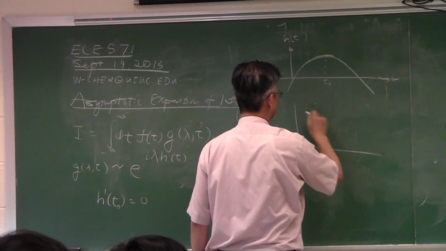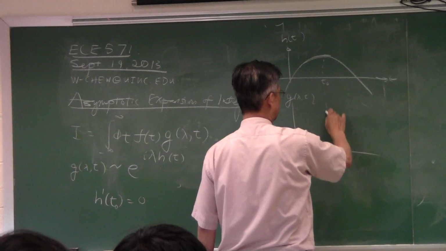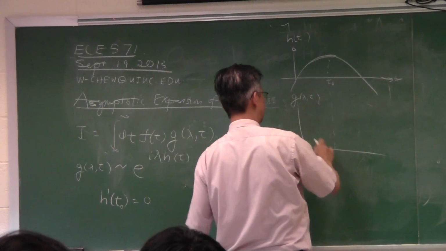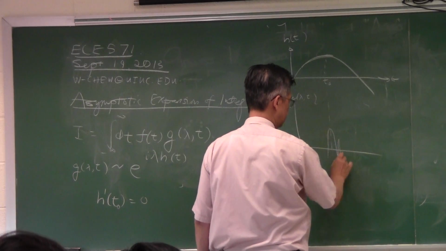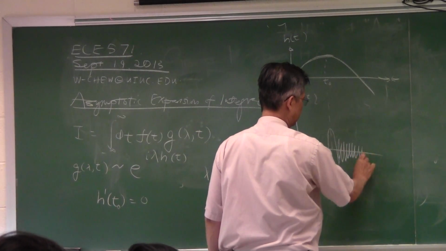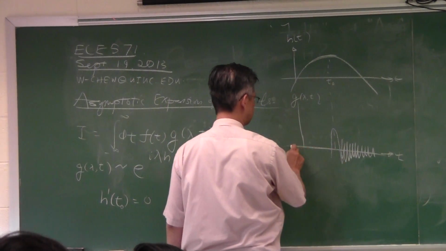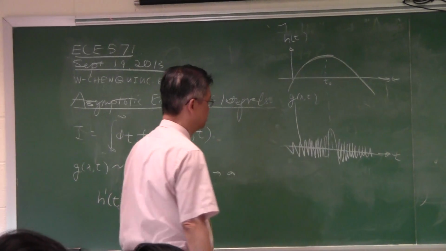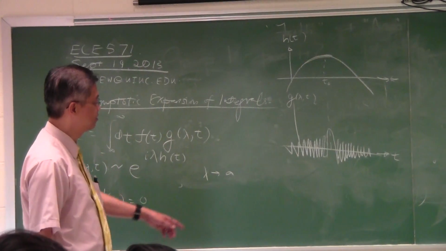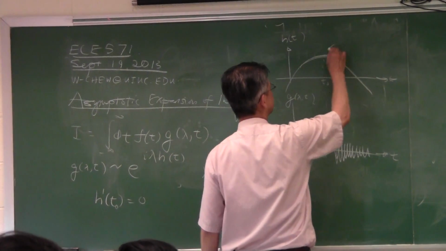And then if you look at g(λt), plotting either the real part or the imaginary part, it will be slowly varying and then rapidly varying after that. It slows down near the stationary phase point. This is called the stationary phase point.